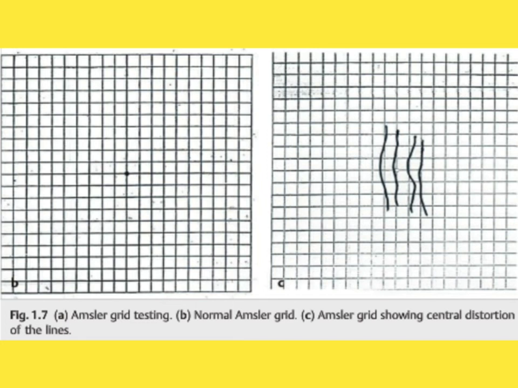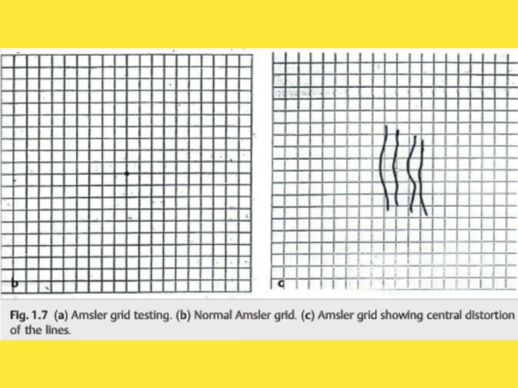And if there is any distortion of the lines, then also you will instruct the patient to draw that distorted line, so that you can understand whether it is micropsia or macropsia, or whether it is absolute or relative scotoma, or ARMD or macular edema or tumor formation. These are the things that you will get to know when the patient draws how he sees the Amsler grid card. So always instruct the patient to draw those lines.